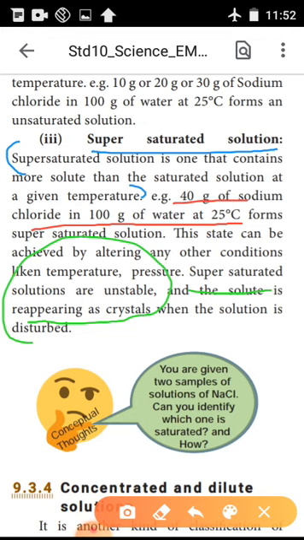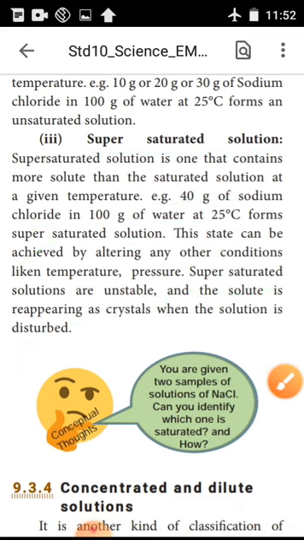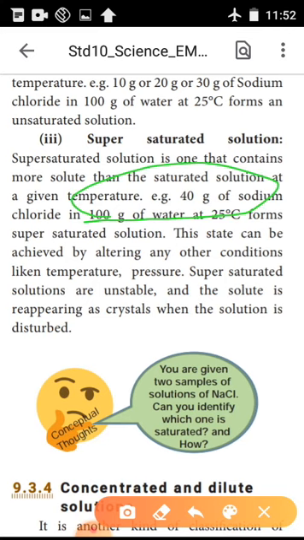If you are taking above 36 gram of the same solute, sodium chloride, higher than the saturated solution, say 40 gram of sodium chloride dissolved in 100 gram of water at 25 degrees Celsius, a supersaturated solution will be formed, because you are taking above 36 gram of solute.